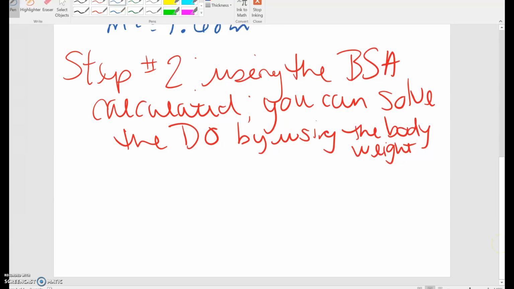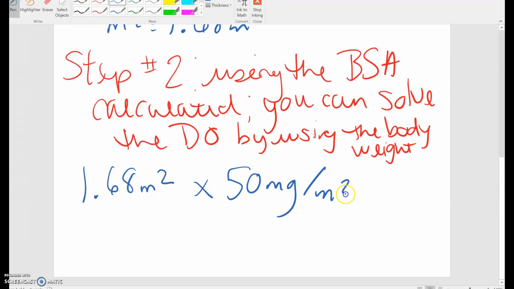Now that you know that the patient has a body surface area of 1.68 meters squared, you are going to multiply that by that order of 50 milligrams per meter squared. As you can see, meter squared crosses out.